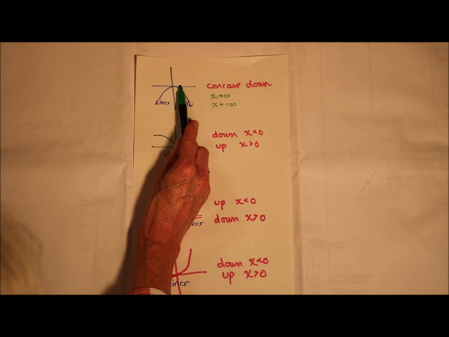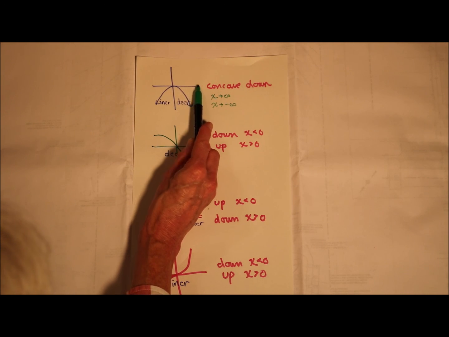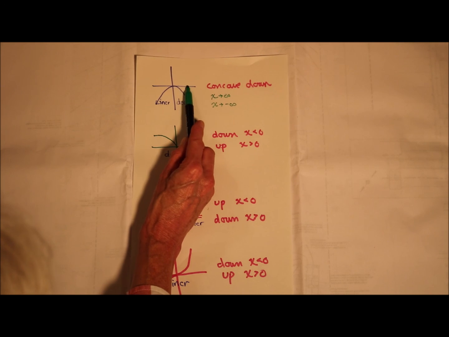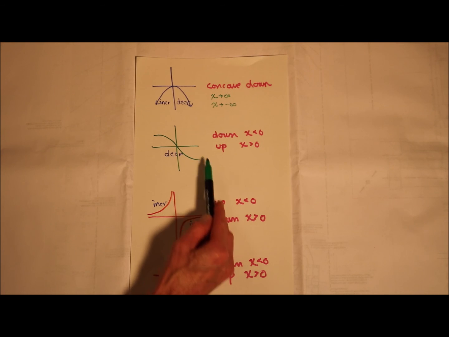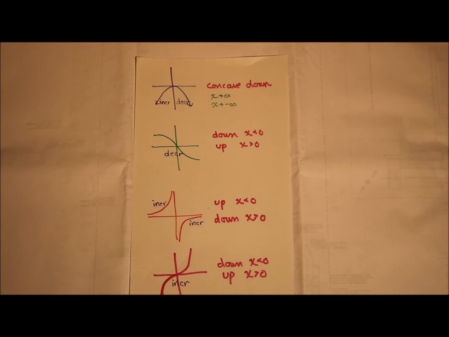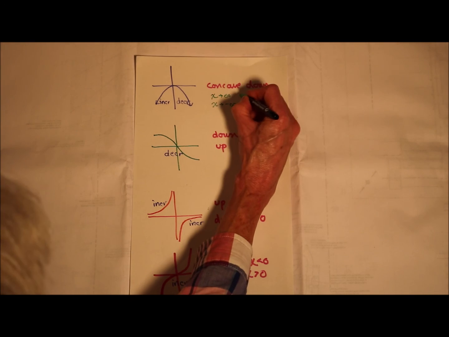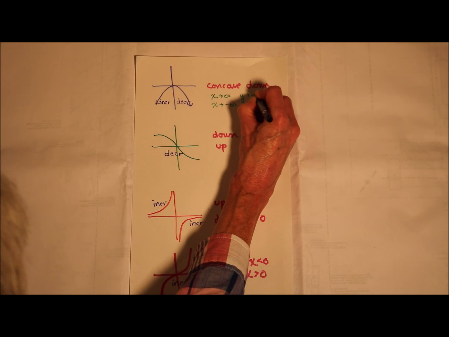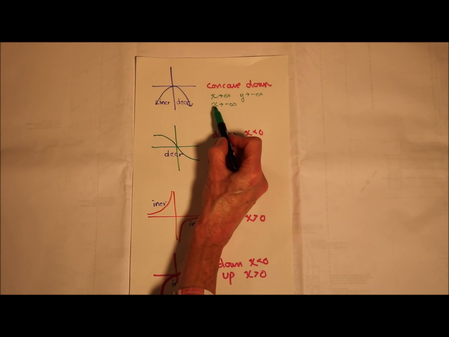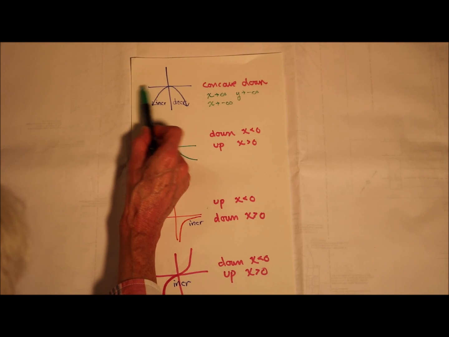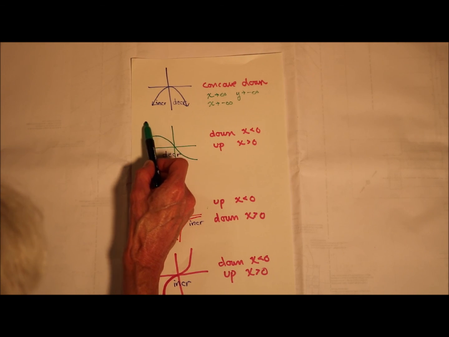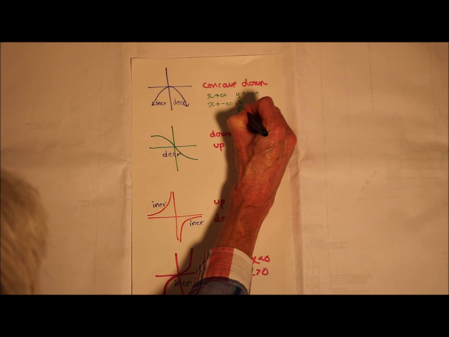So as I'm going to the right, as my x is getting bigger, bigger, bigger, 10, 100, 1,000, what's my y doing? Ooh, it's going way, way down, getting really, really negative. So that is approaching negative infinity. What's happening here is x is getting really, really small, negative 10, negative 100, negative 1,000. What's happening to the y? It's going down, down, down. It's approaching negative infinity.